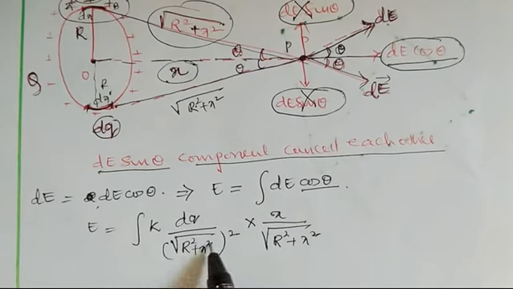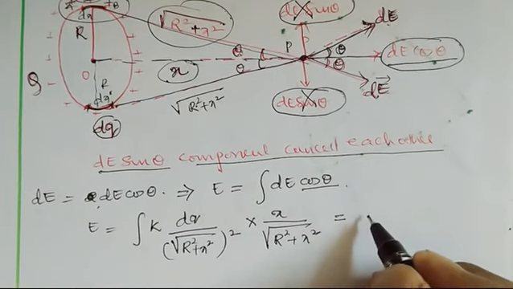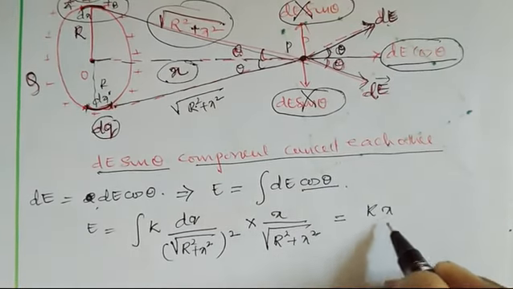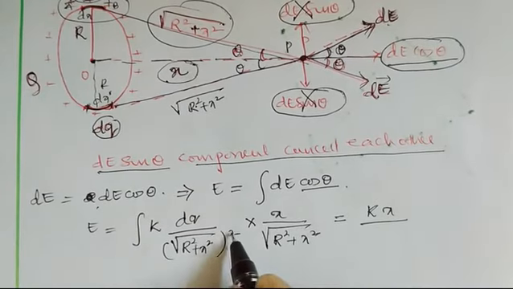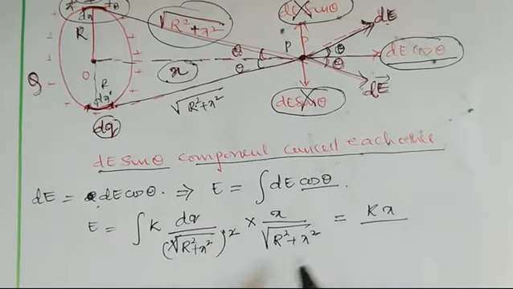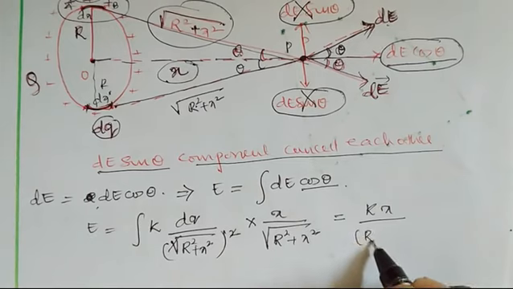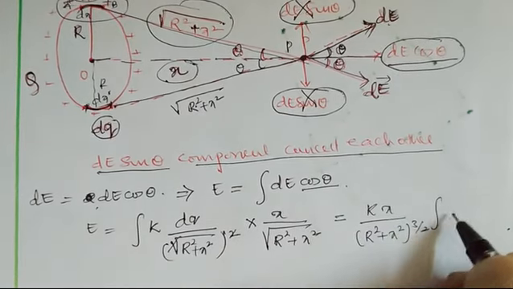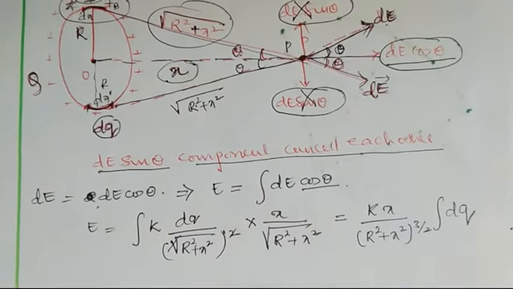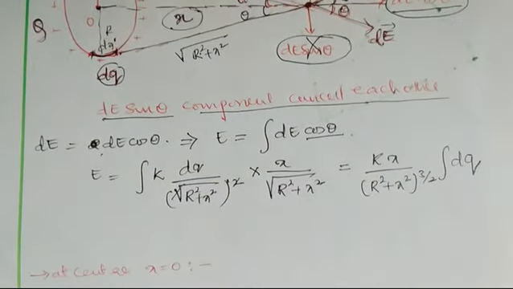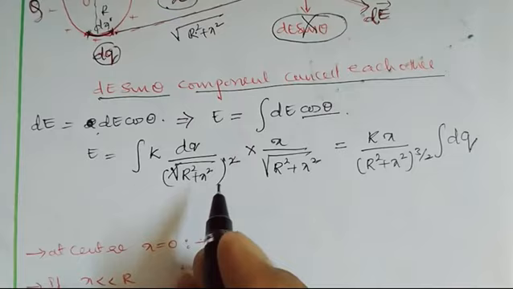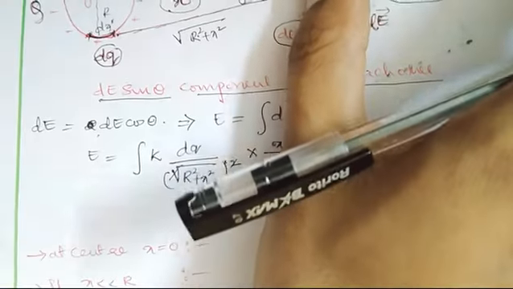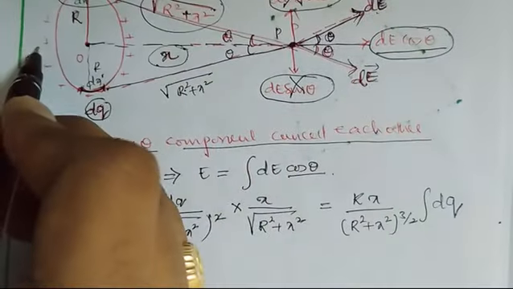Now here everything is constant, so what can we take out? K x. Now one of these cancels, leaving power 1.5. So what you will get is R square plus x square to the power 3 by 2, times the integration of dq. Now if you do the integration of dq for the whole circle, we have considered the whole loop, how much charge is present?